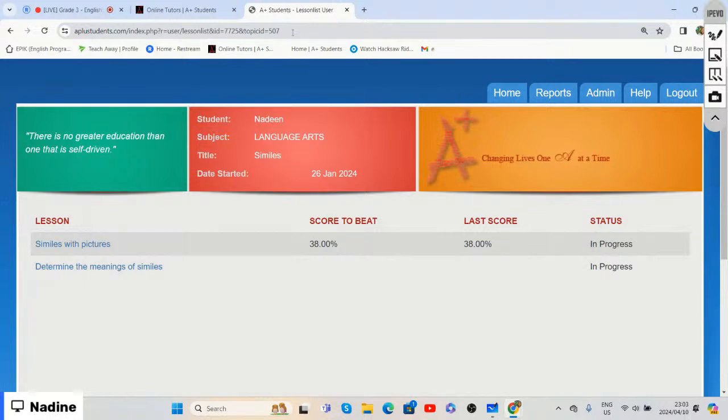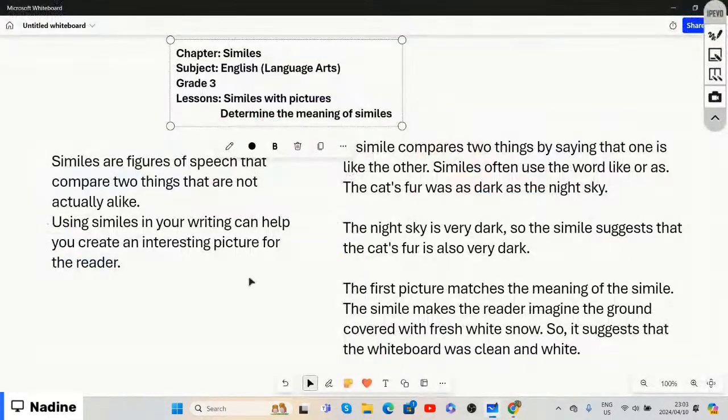All right, so similes is our chapter for today. Our subject is English language arts, grade 3.